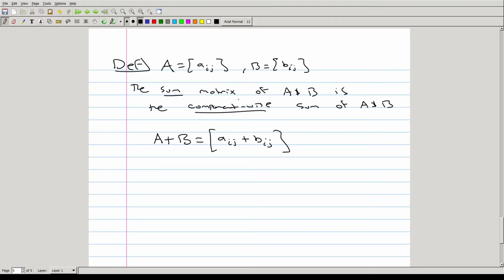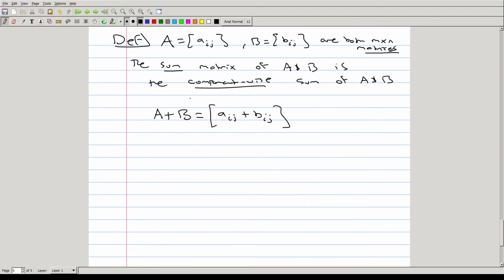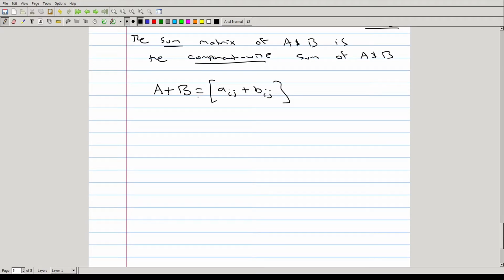Important to note that the sum is only defined and makes sense if A and B are both m by n matrices. So they have to have the same dimensions. M does not have to be equal to n. They don't have to be square, which is important. You can sum arbitrary size matrices, but they both have to have the same size in order for the sum to be defined.